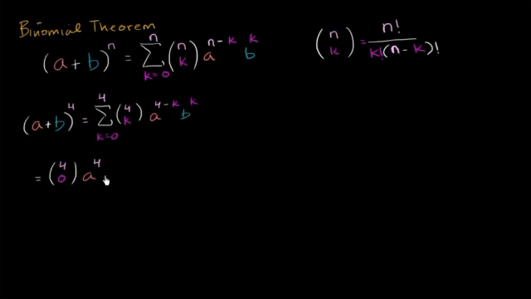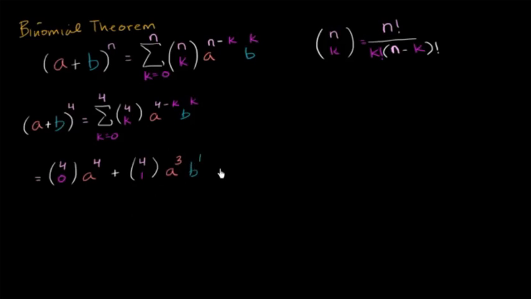So we could just put a 1 here if we want to, or we could just leave it like that. So this is what we get when k equals 0. And then to that, we're going to add when k equals 1. So k equals 1, the coefficient is going to be 4 choose 1, and it's going to be times a to the 4 minus 1 power. So a to the third power, times b to the k power. Well, now k is 1, b to the first power.